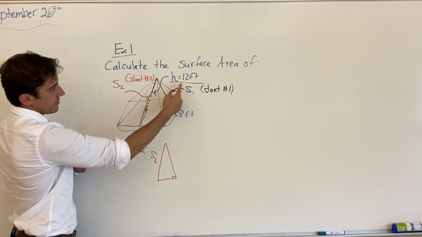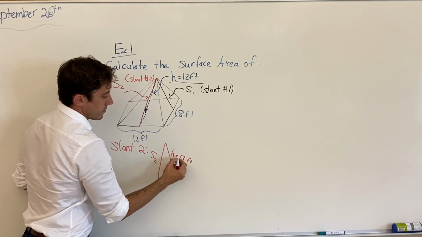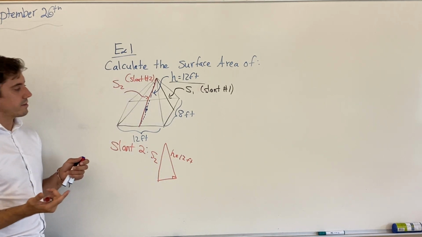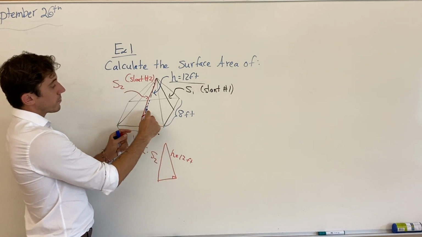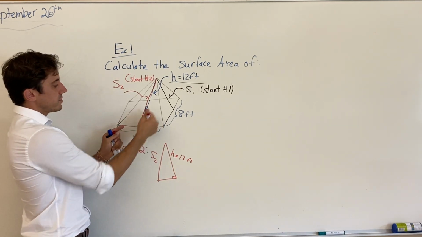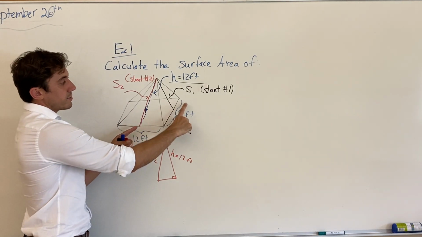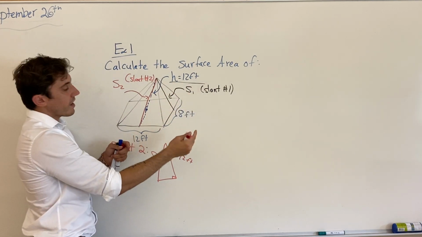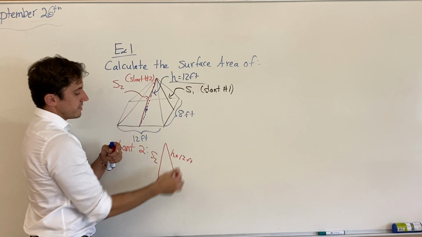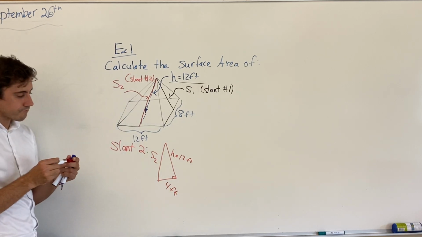The vertical height, H, would be the vertical side, obviously. And now this bottom side length, right, we're going from the center of the pyramid over to the edge. And so this bottom side length is going to be exactly half of our side length. And so half of 8 feet is clearly 4 feet, okay?